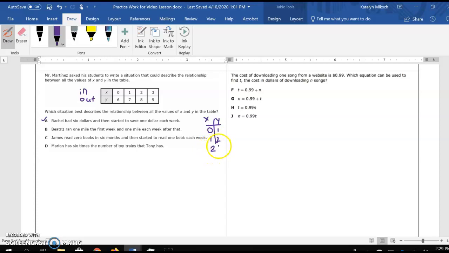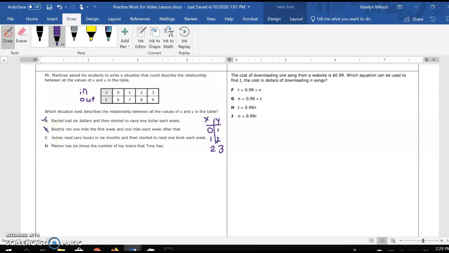Another week goes by, she's ran 3 miles. The way this is going does not match my situation. We're going up by 1 here in our weeks and up by 1 in our miles, but that's too big of a leap for what's going on in our table. We're going from 0 to 6, 1 to 7, 2 to 8. So B doesn't look like it could match up with the numbers that we have.